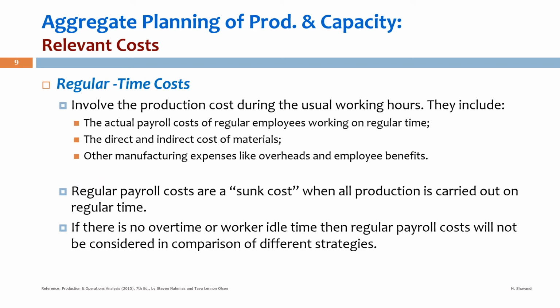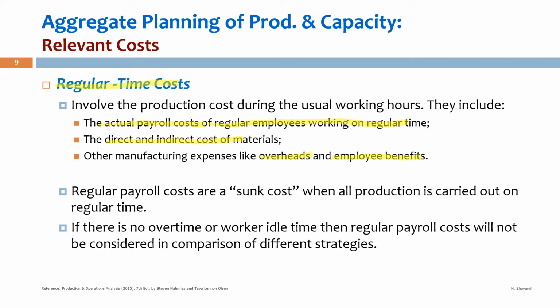Regular time costs. Any costs regarding production during regular working hours are called regular time costs, like the actual payroll costs of regular employees working on regular time, the direct and indirect costs of materials, and other manufacturing expenses like overheads and employee benefits.